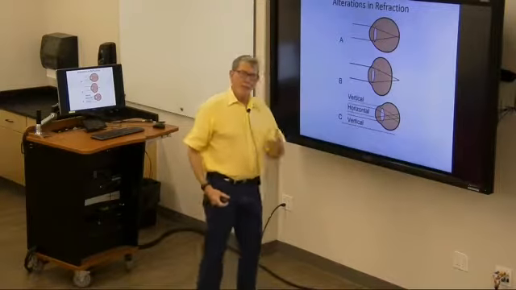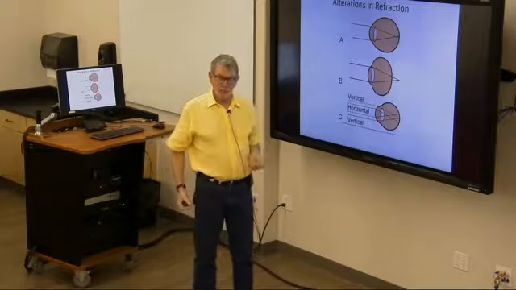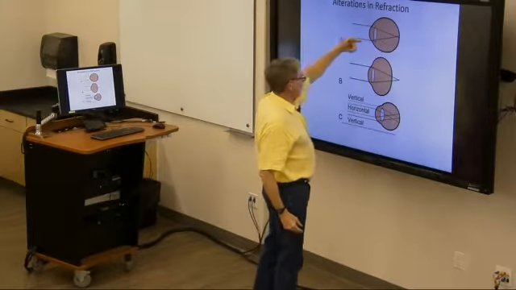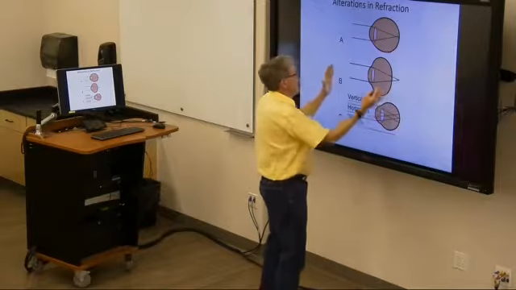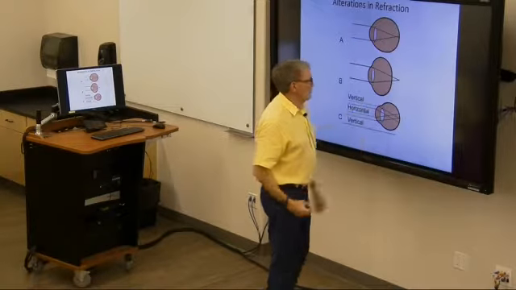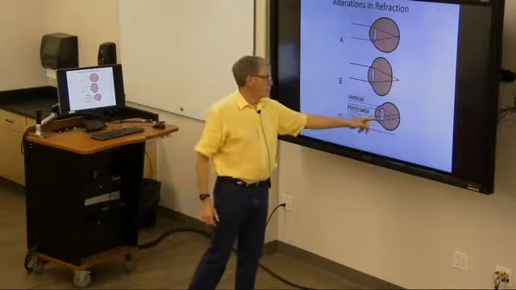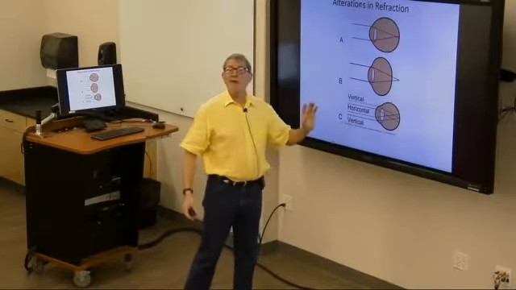It can also happen if your eyeball is shaped improperly. If your eyeball is a little bit long, you'll focus in front of it. If it's a little bit flattened, you focus behind it. The focus can be off from one eye field.